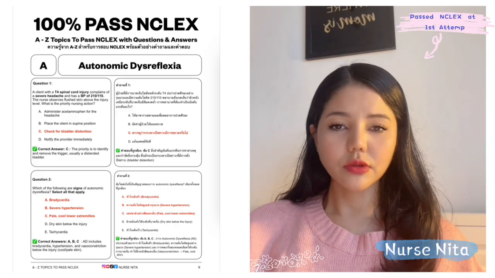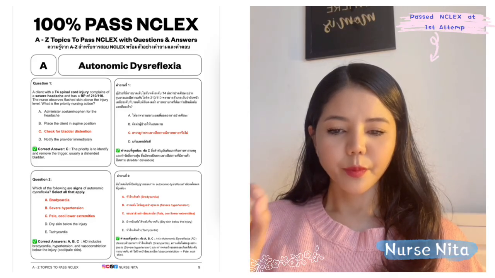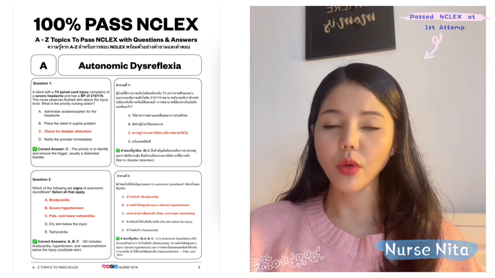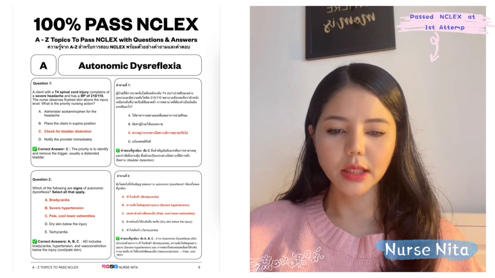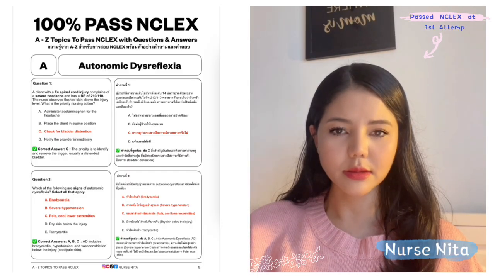Okay, now we go to see the answers. For question number 1, the keywords are T4 spinal cord injury, severe headache, BP of 210 over 110.